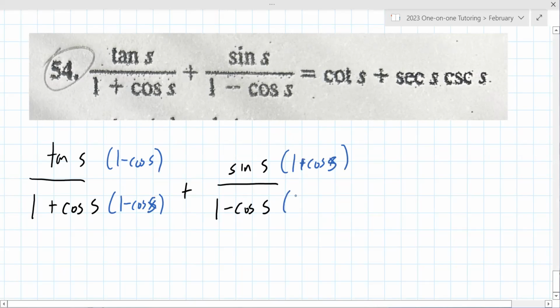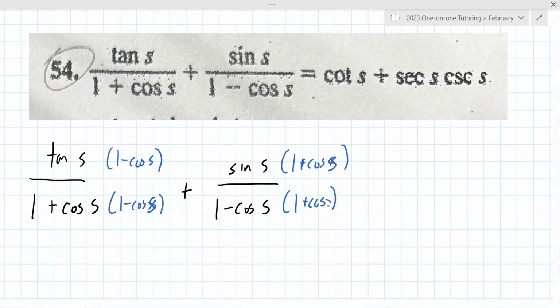Or sorry, this one on the right is 1 plus cosine s. So I want you to factor or FOIL the bottom, sorry. And then we'll look at the top.